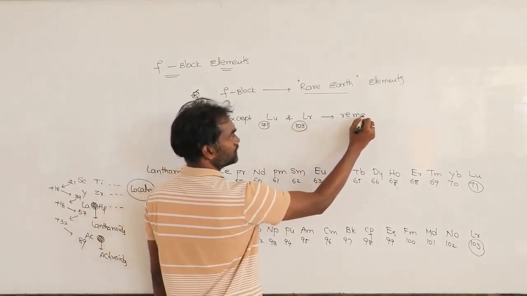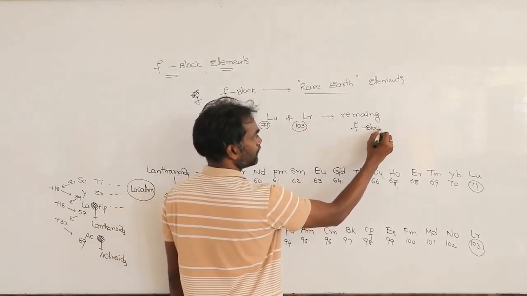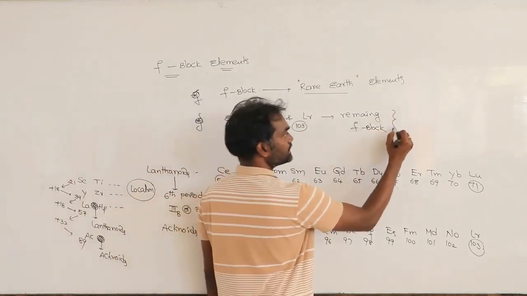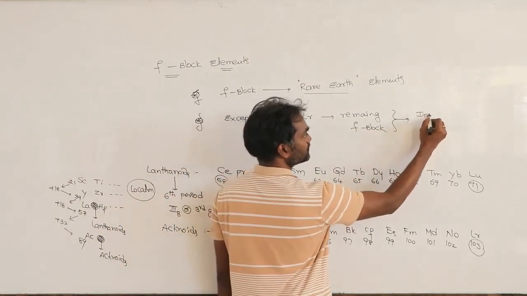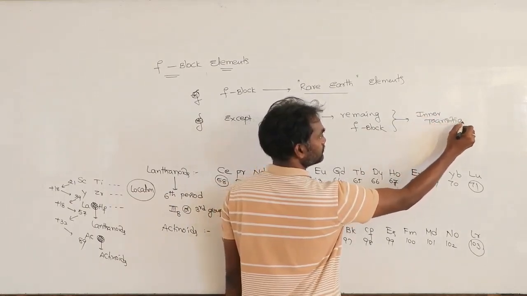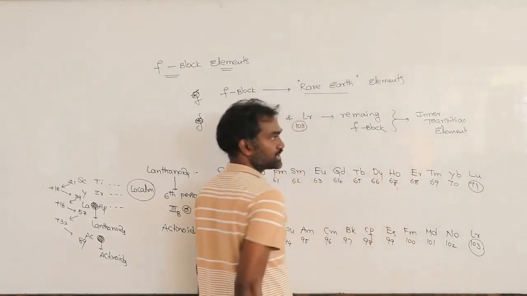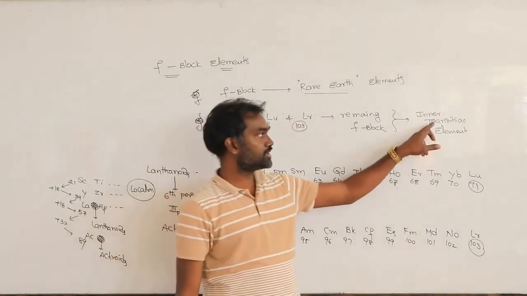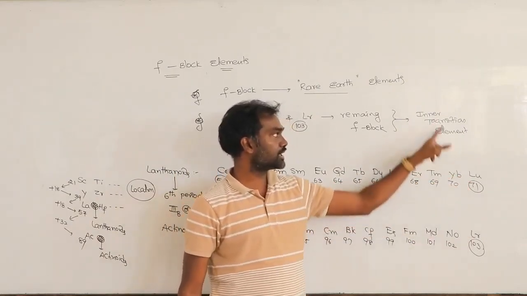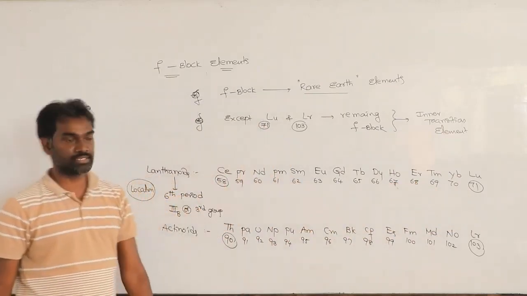The remaining F block elements are called inner transition elements. Except for the 12th group, d block elements are called transition elements; the last two of the F block elements are excluded, and all the remaining ones are called inner transition.